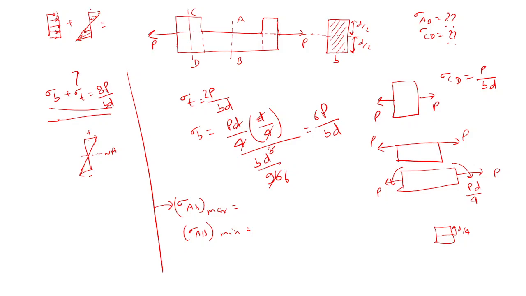Here both will increase, and here this is positive, this is negative, so it will decrease. So the maximum would be the addition of sigma B plus sigma T, and sigma T is anyhow positive and sigma B would be negative for the minimum, so here it will become minus 4P by BD, and here 8P by BD. Now we may add values here, so the answer will come in the numericals, so keep that in mind. So maximum and minimum both may be asked.